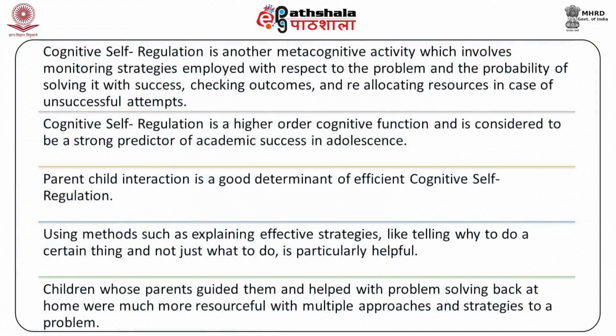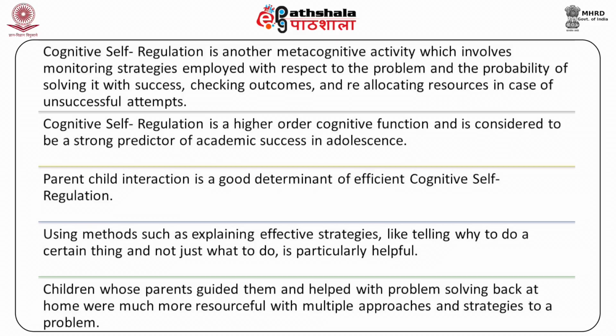Cognitive self-regulation is another metacognitive activity, which involves monitoring strategies employed with respect to the problem and the probability of solving it with success, checking outcomes and reallocating resources in case of unsuccessful attempts. Cognitive self-regulation is a higher order cognitive function and is considered to be a strong predictor of academic success in adolescence.